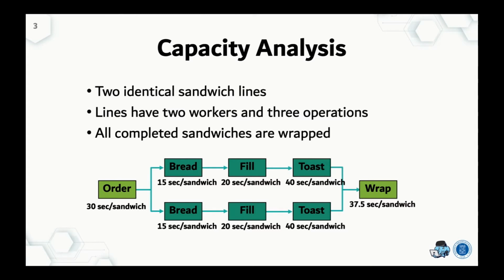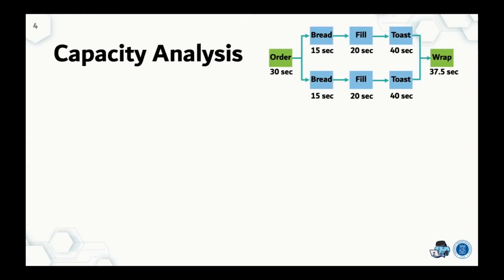These three processes have two workers working in parallel. And lastly, we wrap. Wrapping is handled by one person. Let's do further analysis for our example case.